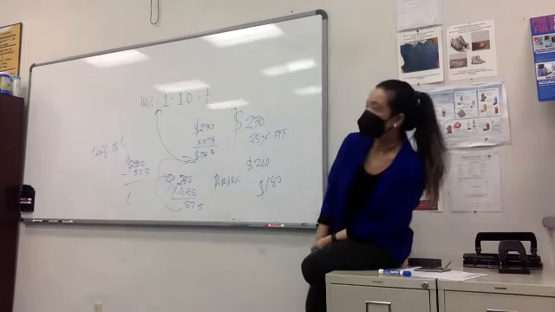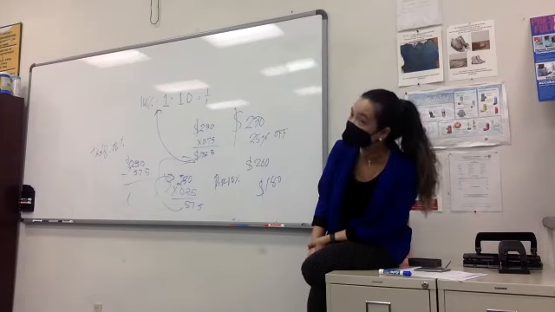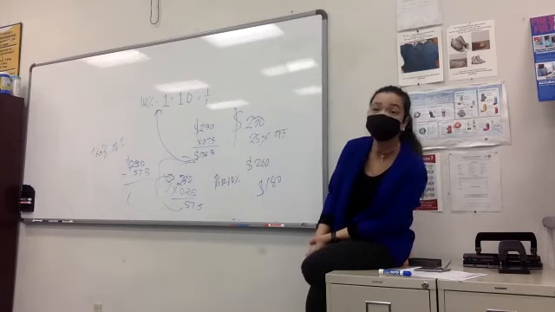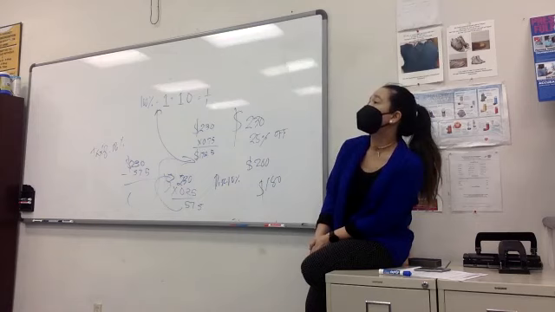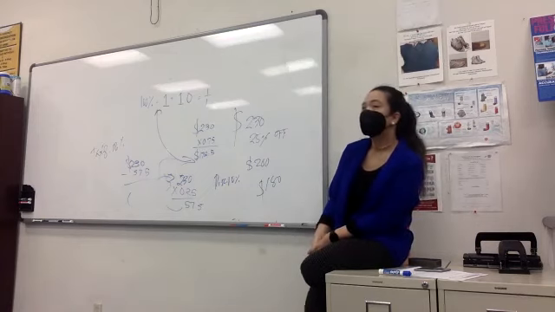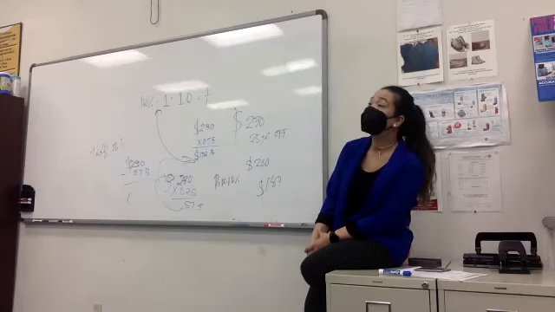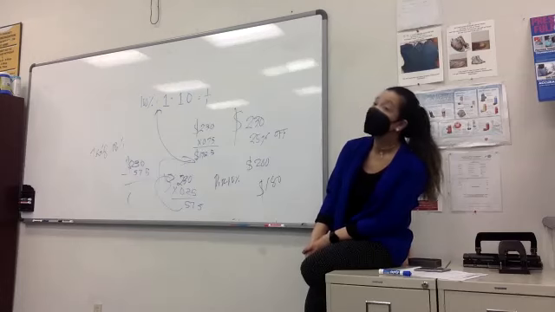What's your multiplier? 0.83, right? Are you following? Okay. 22% discount. What's your multiplier? 0.78. And again, whatever the product is, that is how much you will pay after the discount.